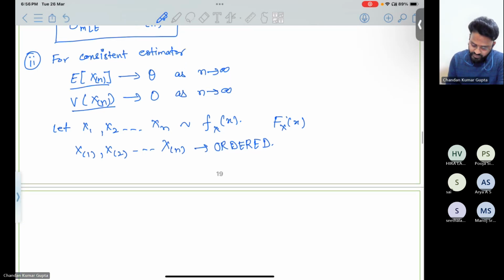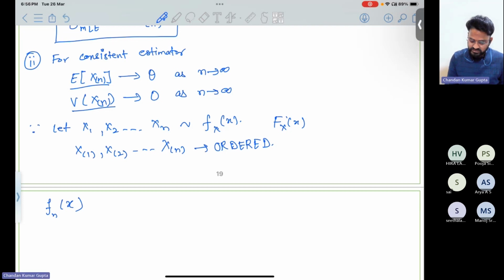Then the PDF of Xn, suppose I have denoted it like this, for example. Okay, this is the PDF of the maximum of Xi, or Xn.